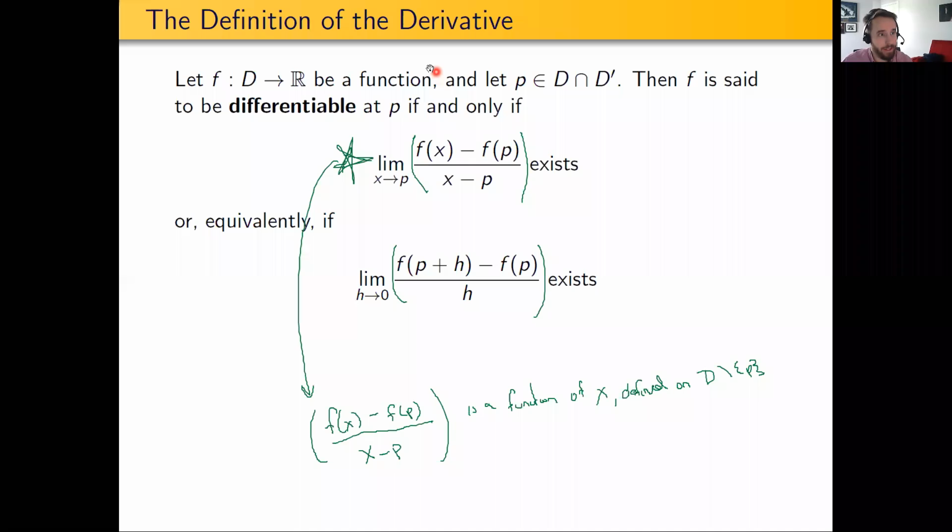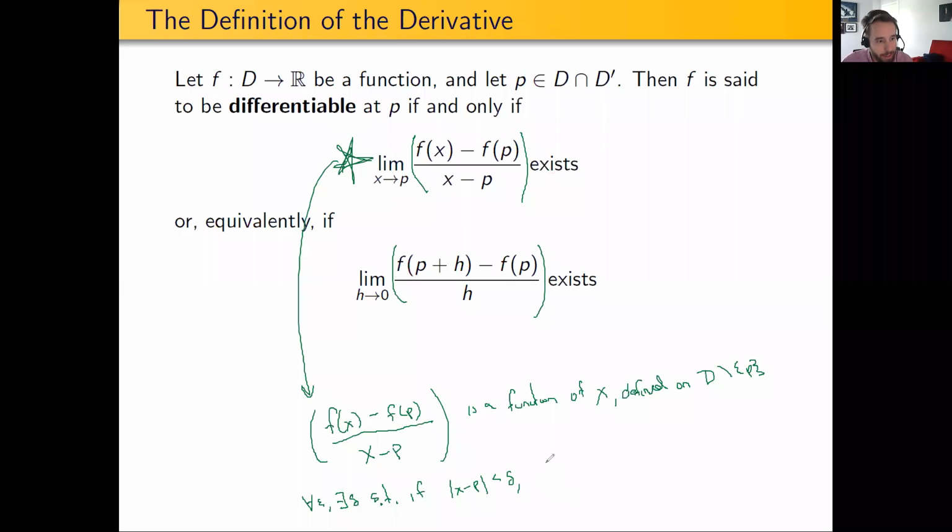So very, very formally, what this means is that for all epsilon, there exists a delta such that if our x values satisfy |x minus p| is less than delta, then our output values, and our output values here are this quantity, that quantity minus the limit will be less than epsilon.